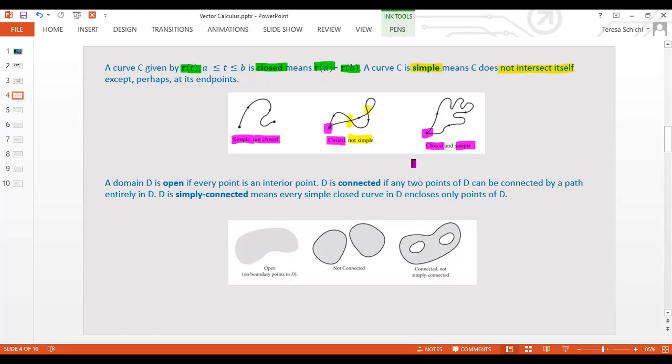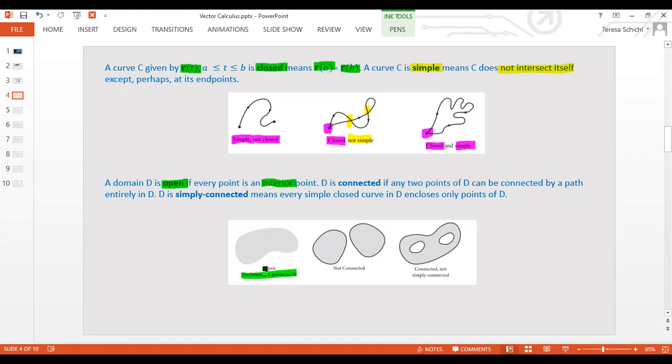All right. You will see this terminology later when we define what independent of path and conservative mean. The other thing we want to talk about is domains. A domain D is open if every point is an interior point, which means it does not have boundaries.